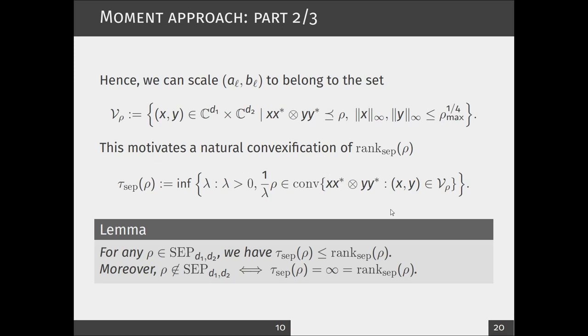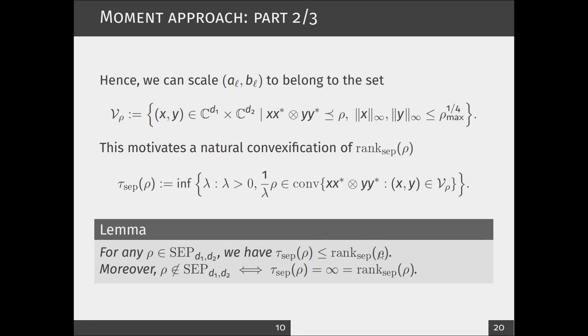This V_p then motivates a natural convexification of the separable rank, which remember is a combinatorial parameter. We define this convexification, T_sep of rho, as the infimum of lambda such that 1 over lambda rho belongs to the convex hull of this expression. So it's by definition convex, and clearly T_sep must be smaller than the separable rank.